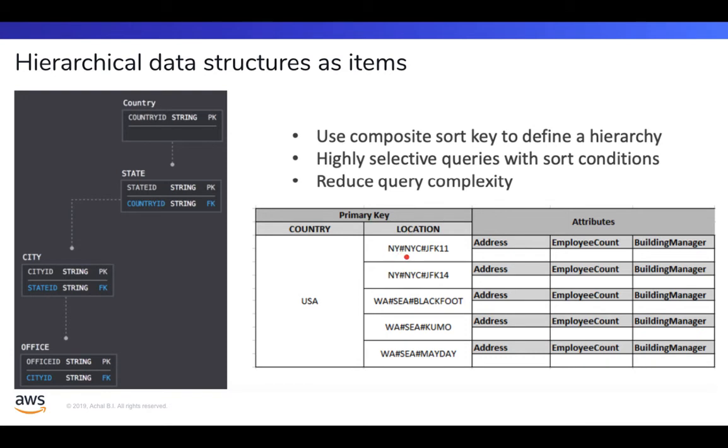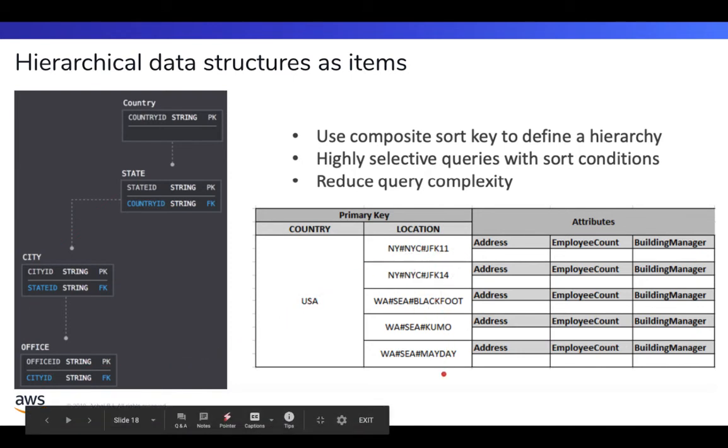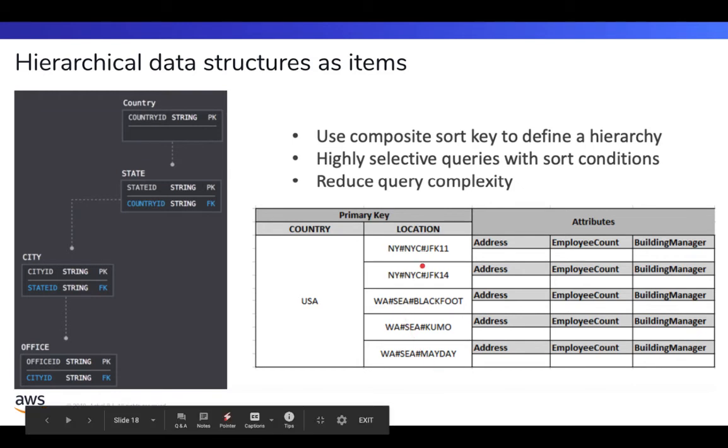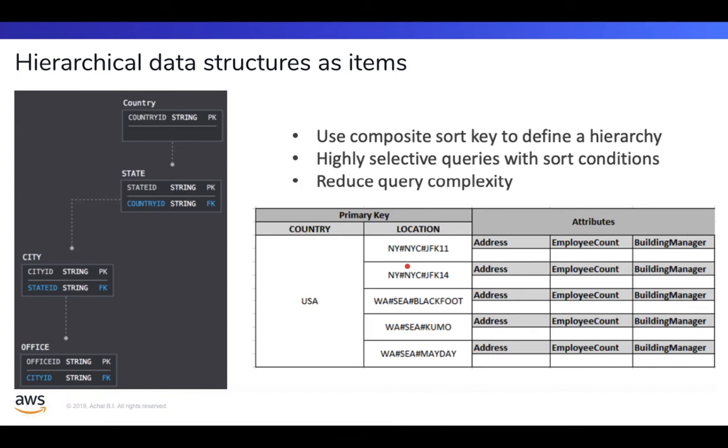We have clubbed all of the information related to state, city, and office within one key, and we have used our own delimiter. It could be anything. We have considered hash here, but you could consider any special character to delimit the different keys.